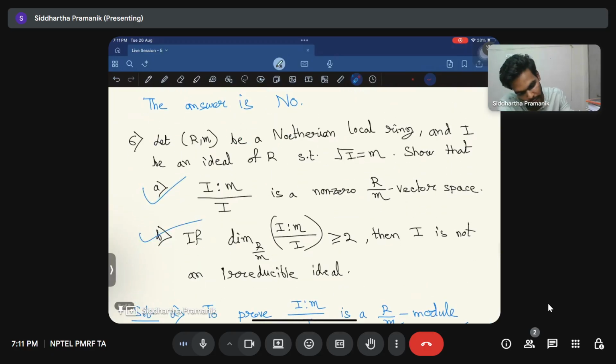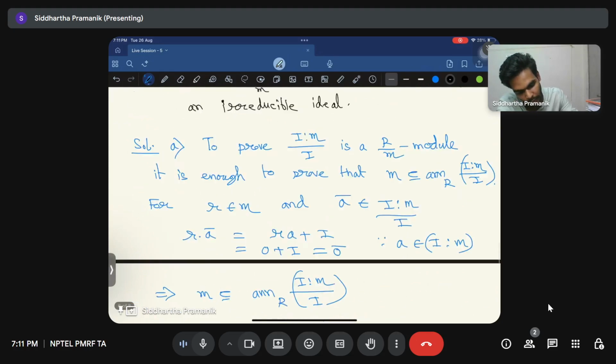So let me write that: let R be a Noetherian ring and M belong to max spec of R. Then also it is fine.